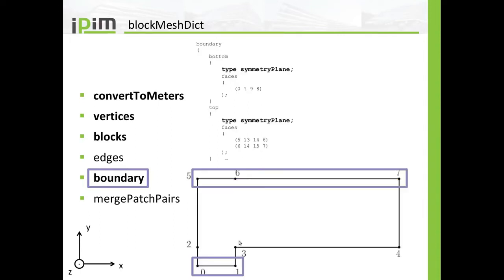The symmetry planes means, I will show you this here with this two-dimensional representation. The symmetry planes are here in the top and the bottom. This means that you can mirror your geometry along this symmetry plane to the top and the bottom.